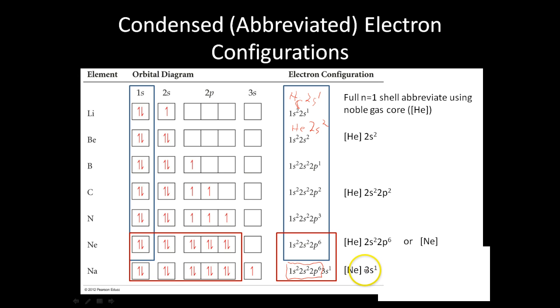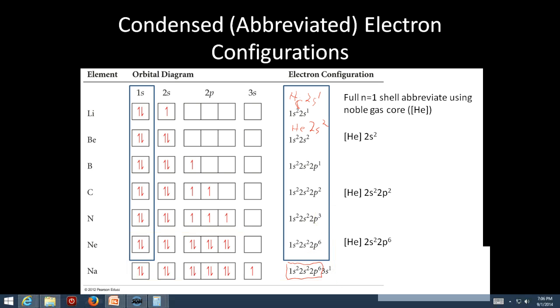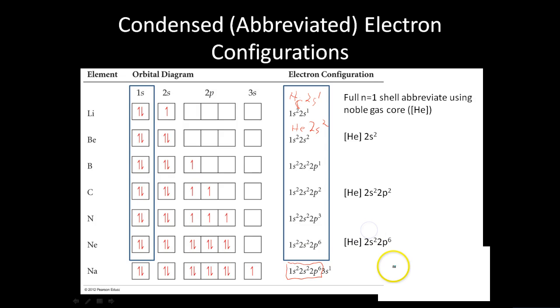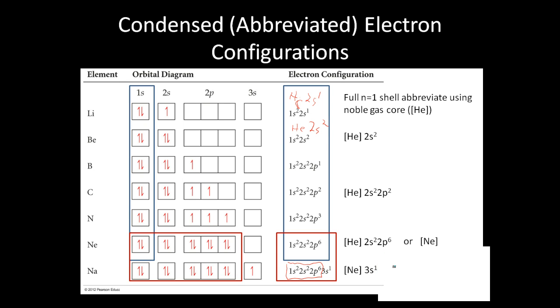It's a very good idea to practice this, because otherwise you'll be writing out elements that have a whole lot of electrons, and these electron configurations will get extraordinarily long. You can also do the same type of thing with the orbital diagrams. Right here I have the abbreviation.